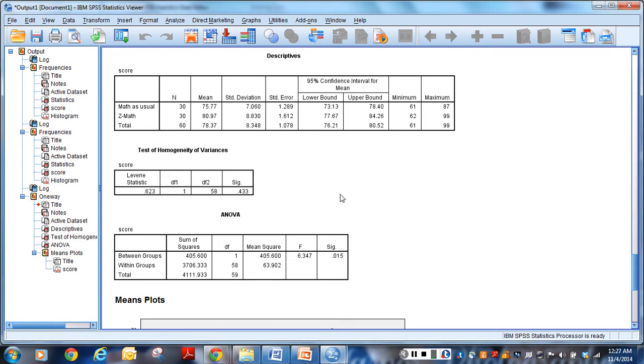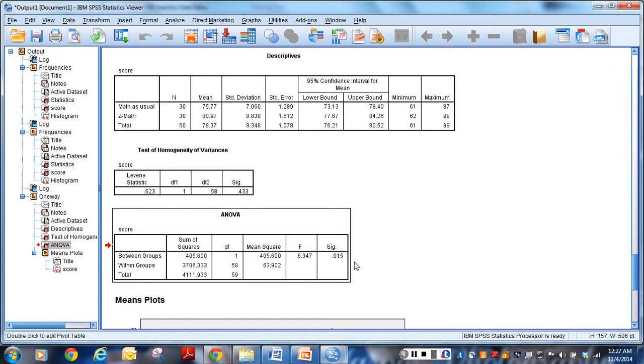So let's look at our significance value here. This is our ANOVA table, and we want to see between groups, because remember, we're comparing our two independent groups. So our significance level is 0.015.